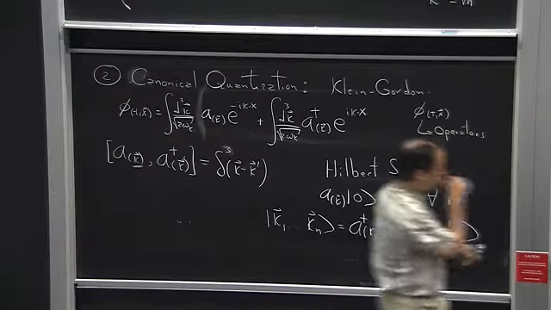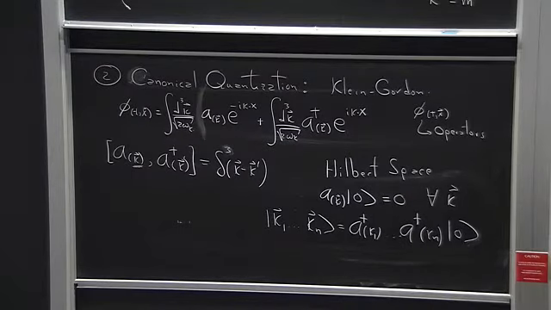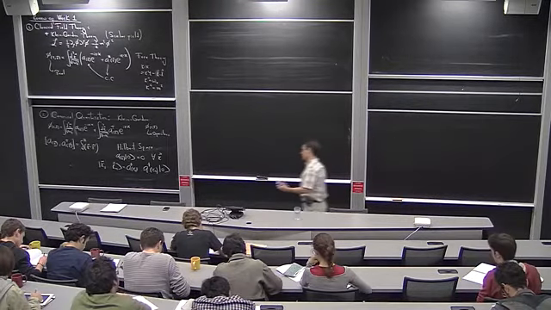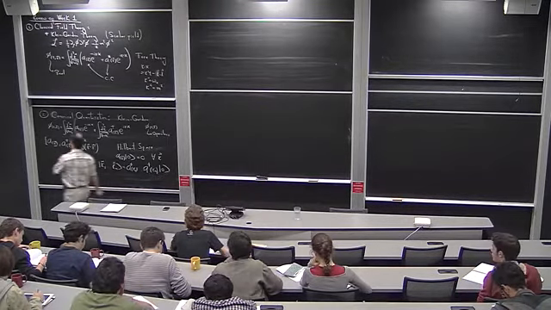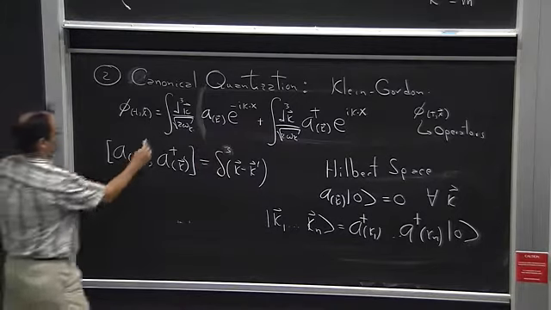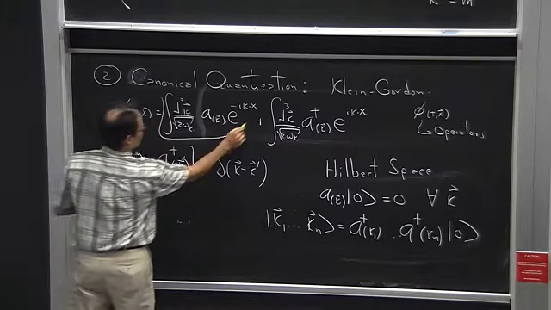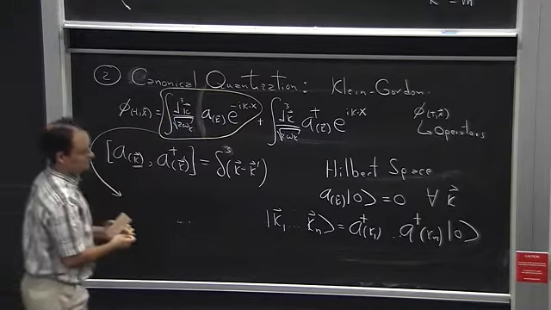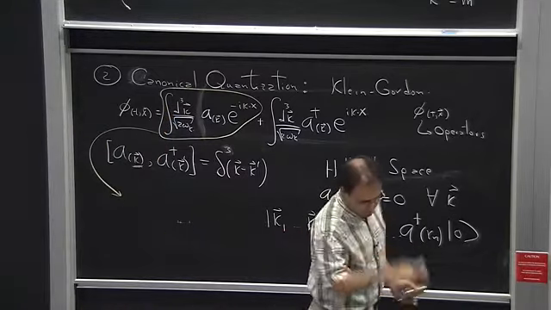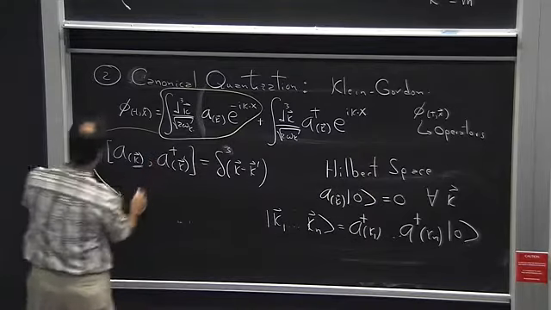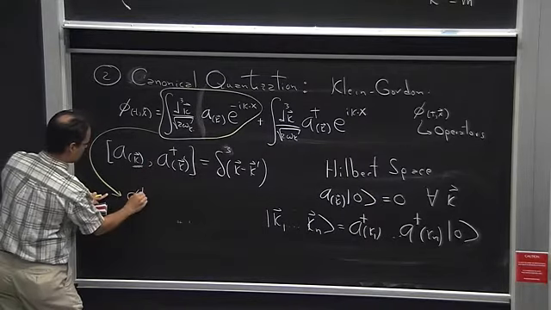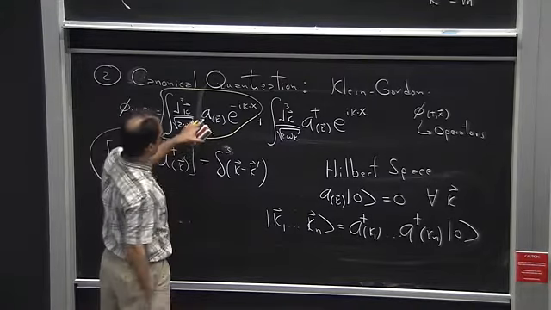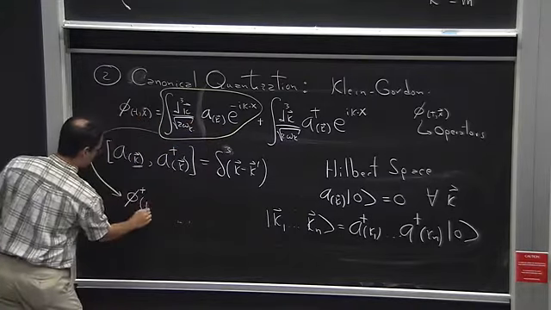Now, I think we defined them, but I don't quite remember. And if we did, this is just a matter of notation, but it's convenient to call this phi plus, the piece that only has annihilation operators.